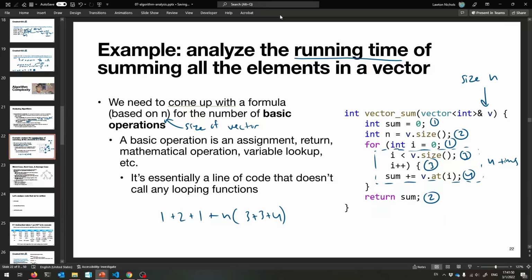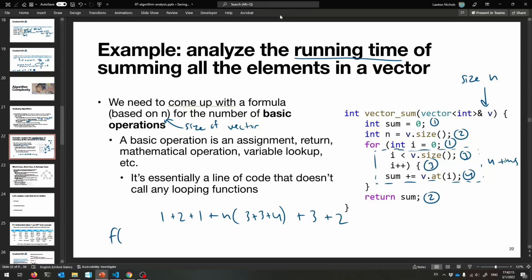And then at the very end, we have to stop the loop because I got too big. It got to be equal to v.size, and that's going to stop the loop. So we have to compare one last time. That's going to involve 3 more basic operations just to stop the loop. And then we return sum, that's 2. Okay?